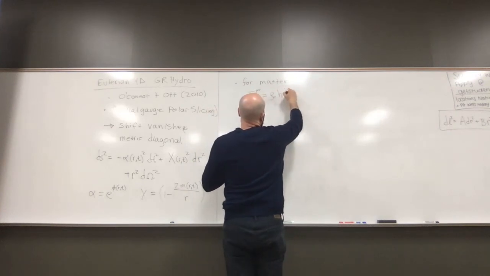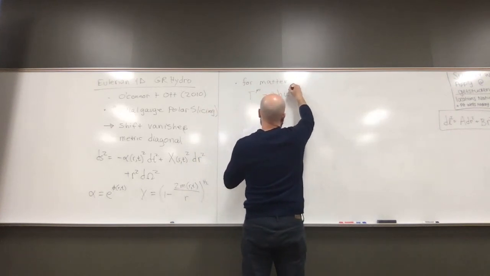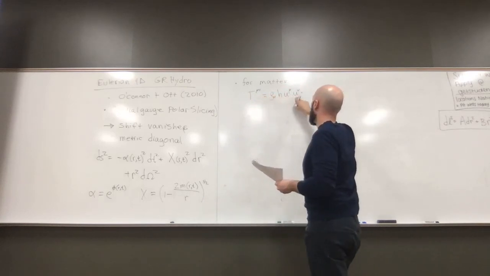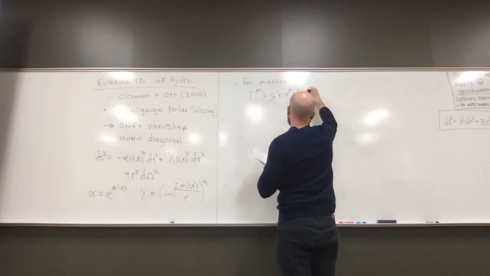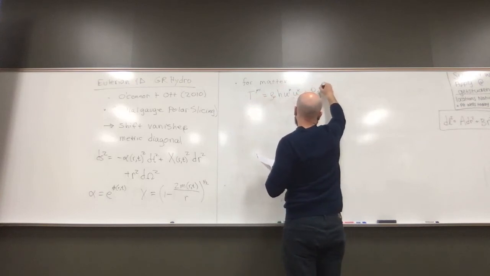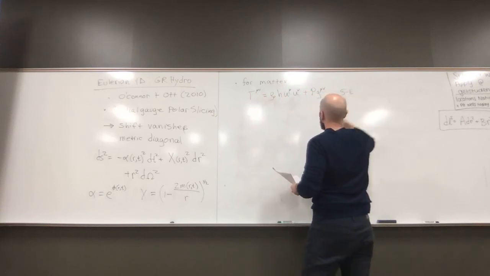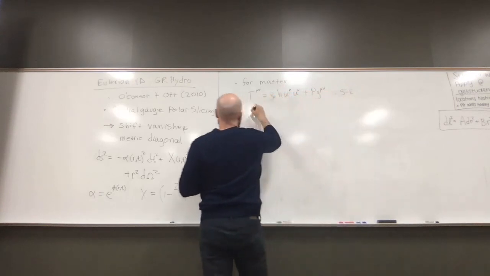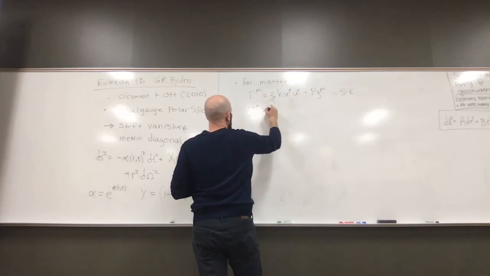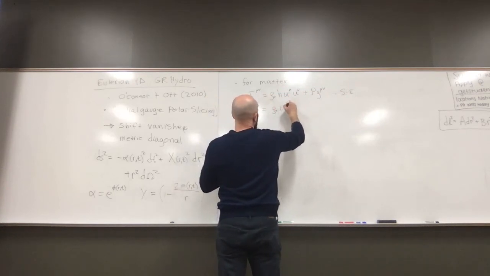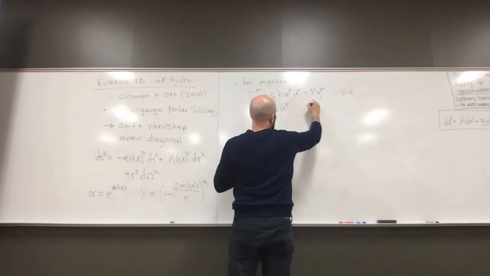So we take our usual perfect gas stress energy tensor, rho naught h u mu u nu, plus pressure times g mu nu. And then my mass current, J mu, is equal to rho naught u mu.